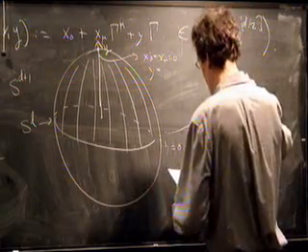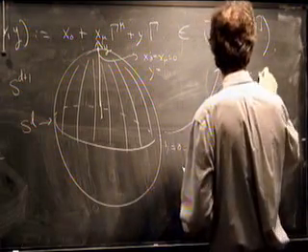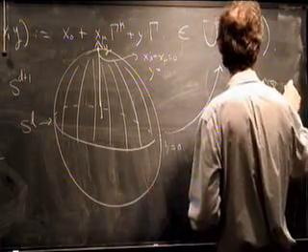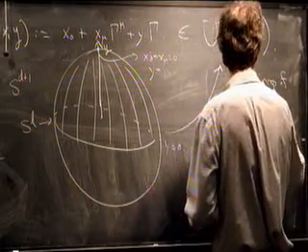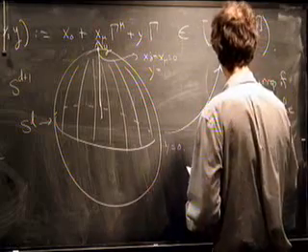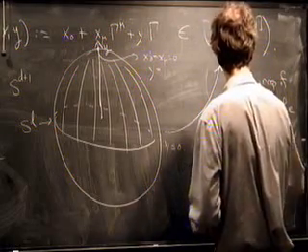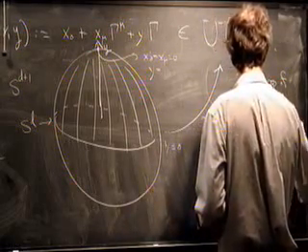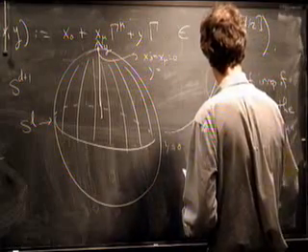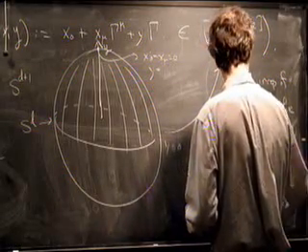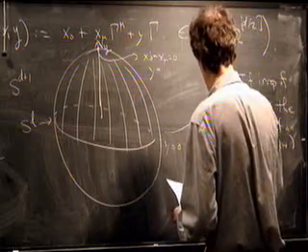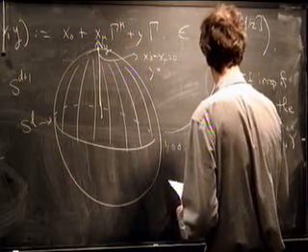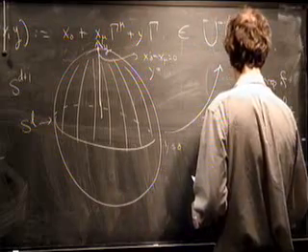So if the irrep of Clifford of d is the restriction of an irrep of Clifford of d plus 1, then T of x is topologically trivial.